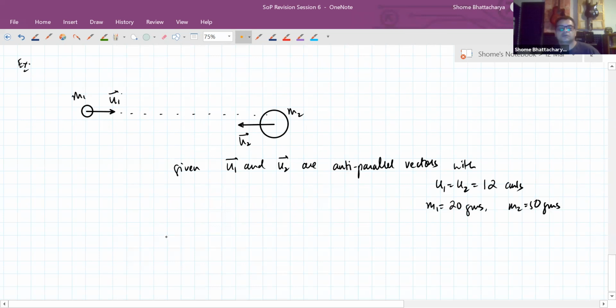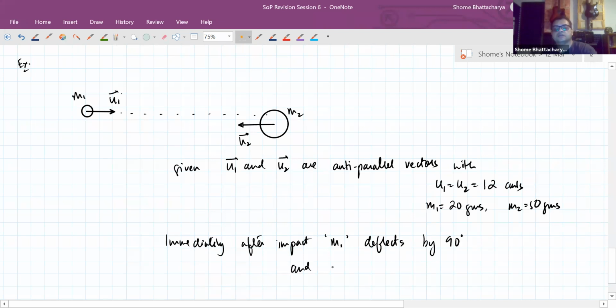Okay. Now immediately after impact, m1 deflects by 90 degrees and m2 deflects by 53 degrees.